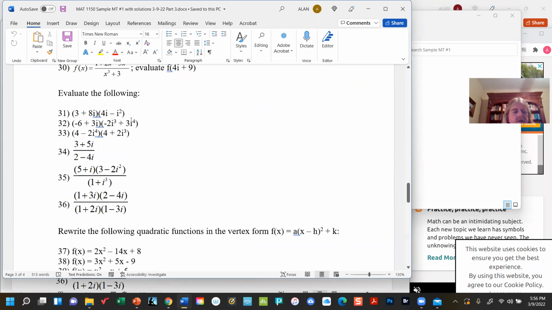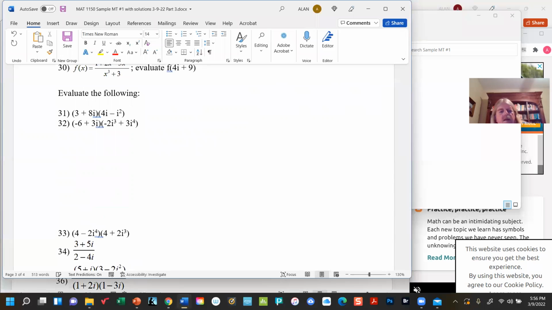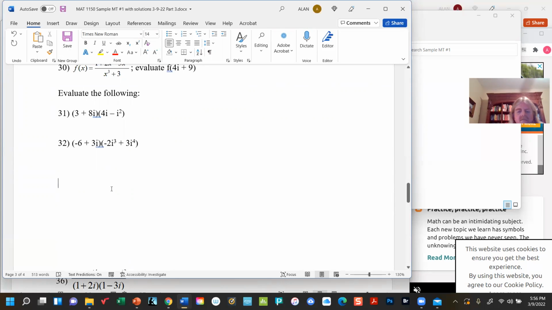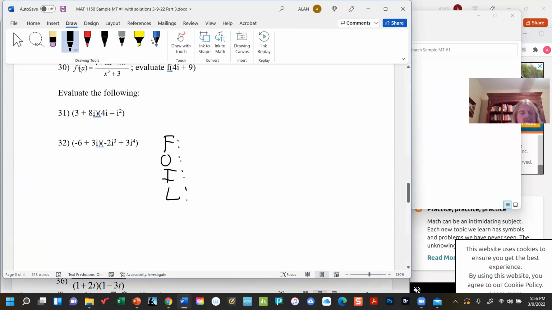Okay, good. So we'll start with 32 here. All right, so once again, we'll apply FOIL. 12i cubed minus 18i to the fourth.